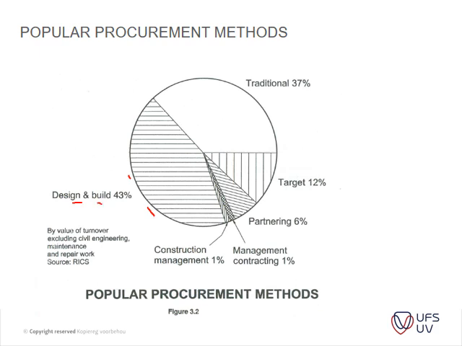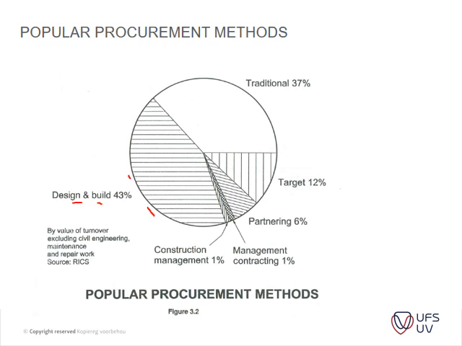If you think about Kusile and the Eskom projects, they're also design and build type of projects where the design and construction team actually does the whole design, and that's usually done where it's a specialist type of installation that's going to be installed.